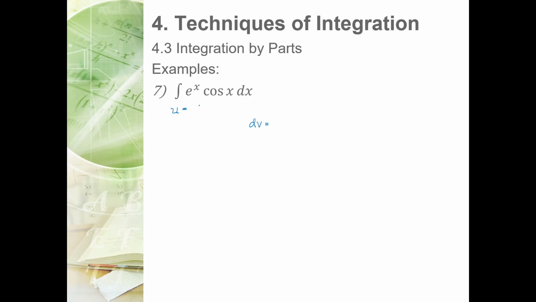In this problem, since the two terms are complicated terms to deal with, I want my cosine going to dv.